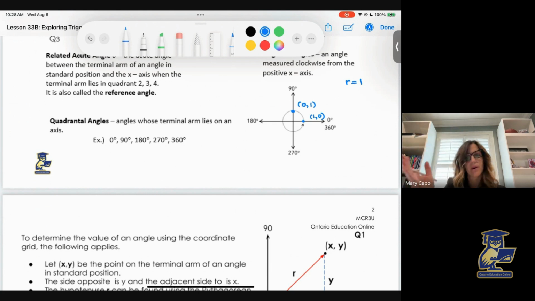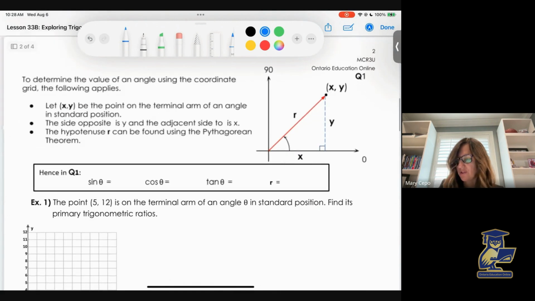Taking that around to 180 degrees, in this quadrant we know x becomes negative, so it would be (-1, 0). And then at 270 degrees, again, we know here x is 0, y would be negative 1. And we want to recall those coordinates when we have the terminal arm lining up against either a 0-degree angle, 90 degrees, 180, 270, and 360 degrees.